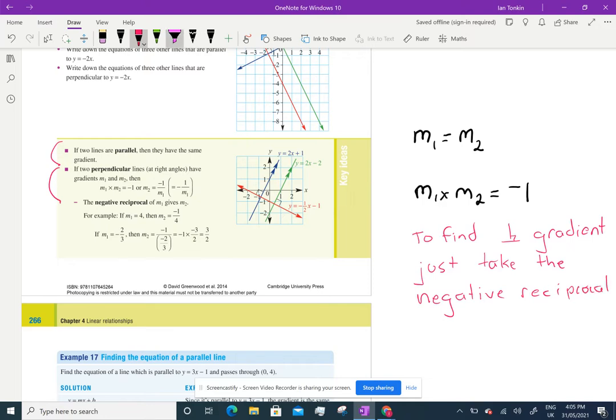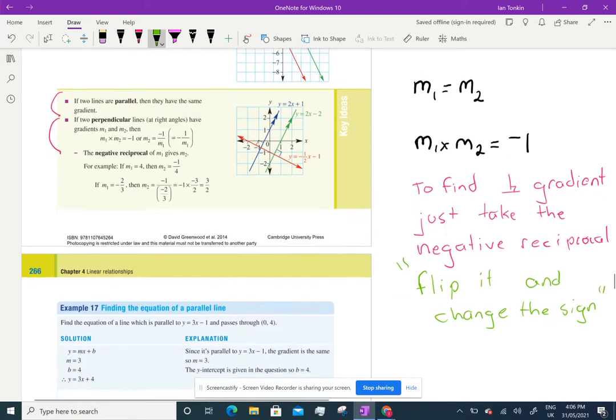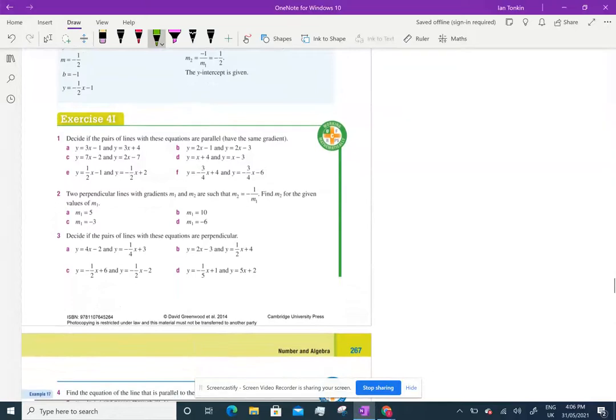And all that means is you flip it and change the sign. Now, as long as you understand that, once you've got the gradient, you can find the equations of lines quite easily. So let's go down here and have a look at some of the questions in here.